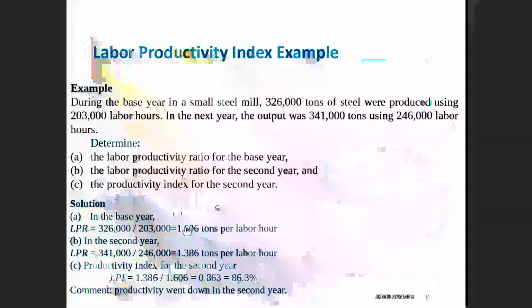But to make a decision or make comments about the level, whether it's increased or decreased, by calculating the ratio for each one, you can tell the difference, okay? And by dividing the T over the base, you get the index for the productivity ratio, okay?